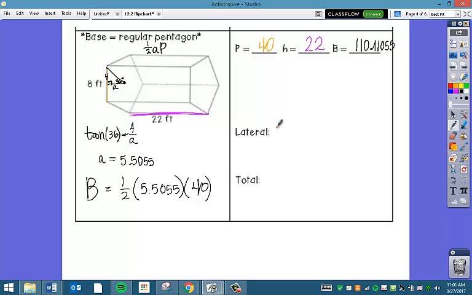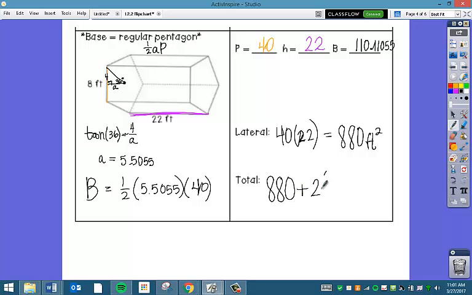Okay, so my lateral surface area is just my perimeter of my base times my height, 40 times 22. Sorry, that was sort of janky. 40 times 22, which is 880 feet squared. And so my total surface area is just my lateral surface area plus the area of my two bases, so 2 times 110.11055.